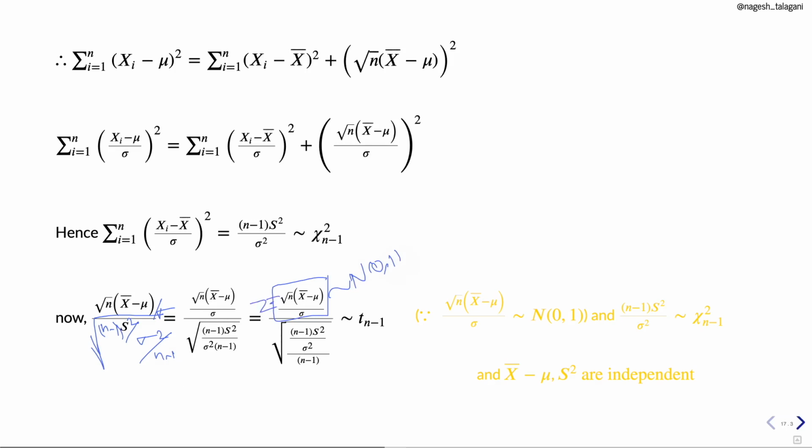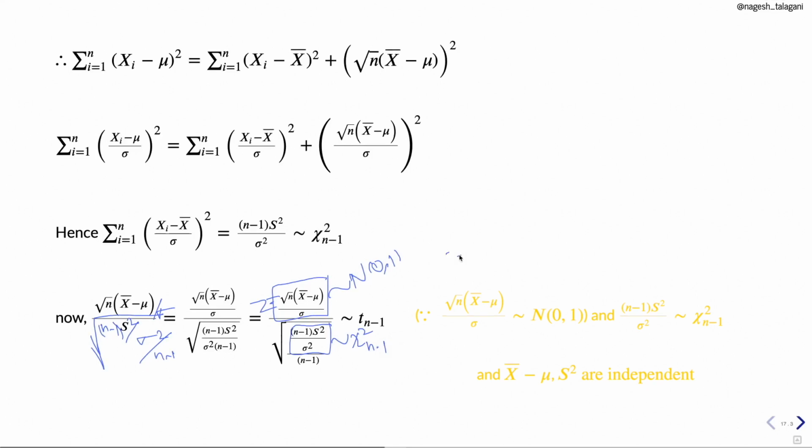Now we already know that this n minus 1 s square by sigma square follows the chi-square distribution with n minus 1 degrees of freedom. And one more thing, this x bar minus mu and s square are going to be independent. I will show that after this one.